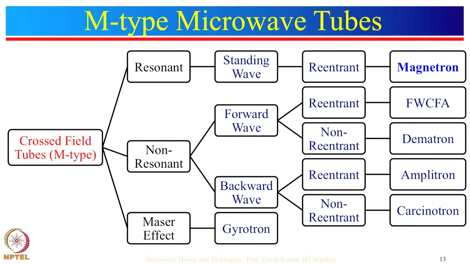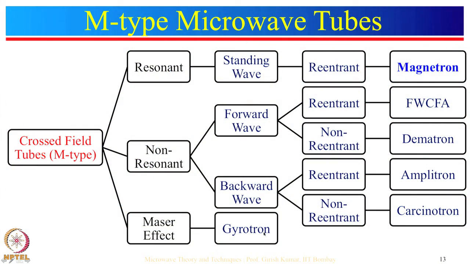Now what is the Maser effect? Maser is microwave amplification by stimulated emission of radiation. And the example of the microwave tubes which work on the principle of the Maser effect is the gyrotron. The gyrotron generates high frequency electromagnetic waves by stimulated cyclotron resonance of electrons moving through strong magnetic fields.